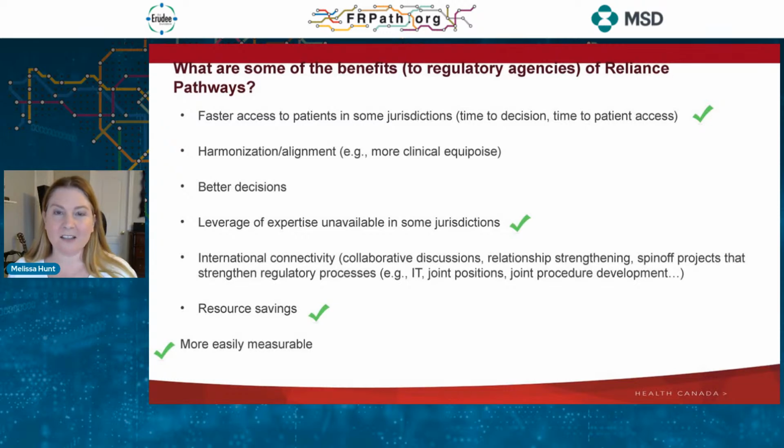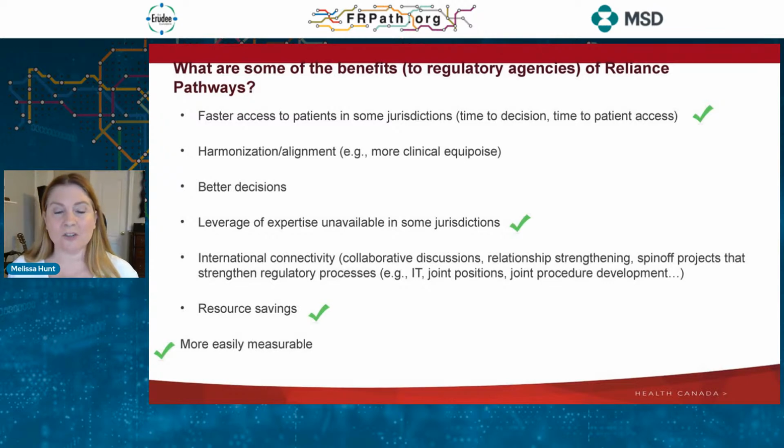And then the leveraging of expertise that's unavailable to some. That said, it could also be the leveraging of expertise that is scarce. So we have practical examples in Health Canada of this, where we do have pharmacometricians, but they are in short supply. So if we get the opportunity to leverage reliance for that part of an assessment, that certainly does help us.